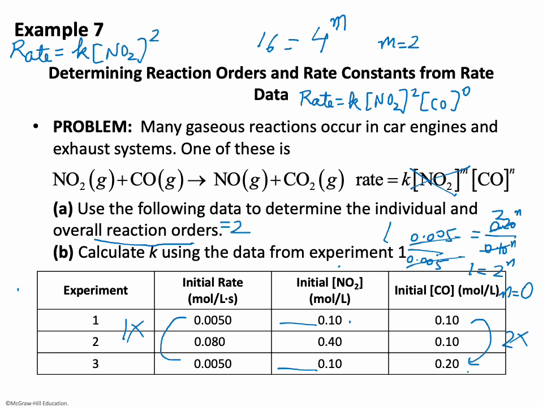Next is calculate K using the data from experiment number 1. It's telling you experiment 1. If it didn't, choose whichever one you want. Experiment 1 means this is my rate law, so I have to solve for K. What is K?